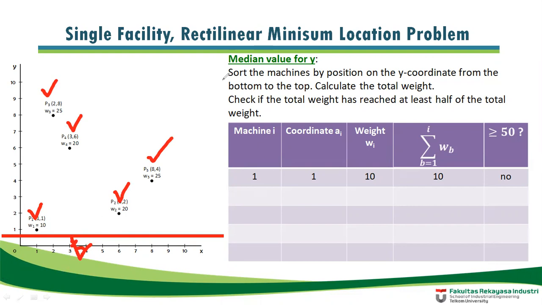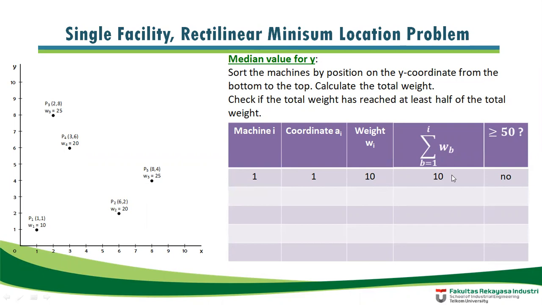So just do the same steps as finding the x-axis. P1 will be put at the beginning, and the coordinate for y is 1. Just fill in the box. The weight for P1 is 10.